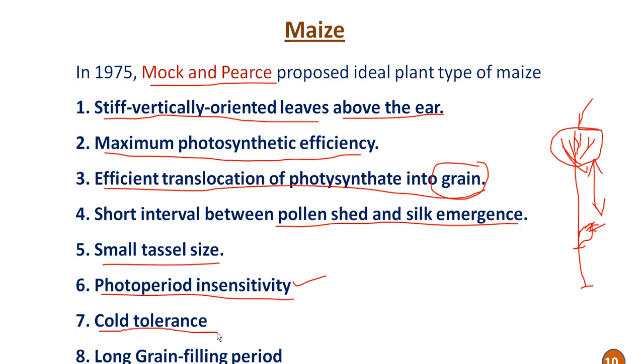Then cold tolerance. As we see, it is grown around the year, so it should be tolerant to cold, so that yield losses are minimized in the winter season. Then a long grain filling period.